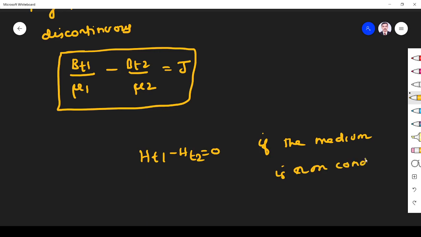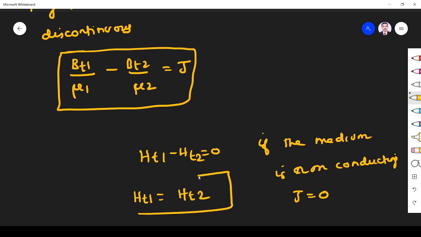Non-conducting means there won't be any current, so J is equal to 0. J equal to 0 means Ht1 minus Ht2 is equal to 0. This implies Ht1 is equal to Ht2. Now the tangential component becomes continuous. So only in a non-conducting medium will the tangential component of the magnetic field be continuous.